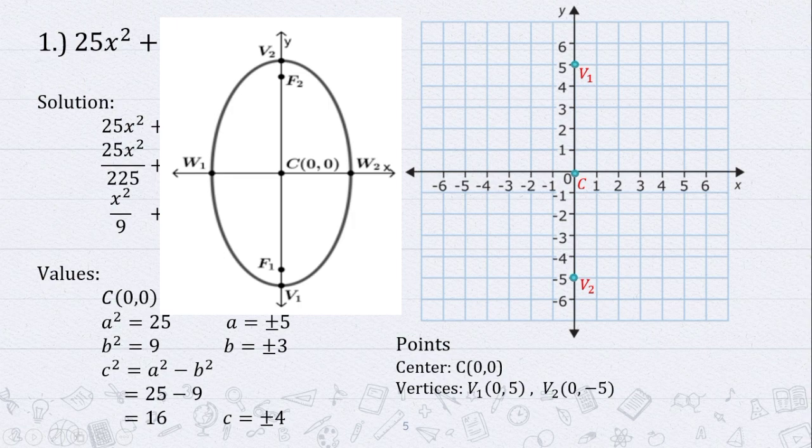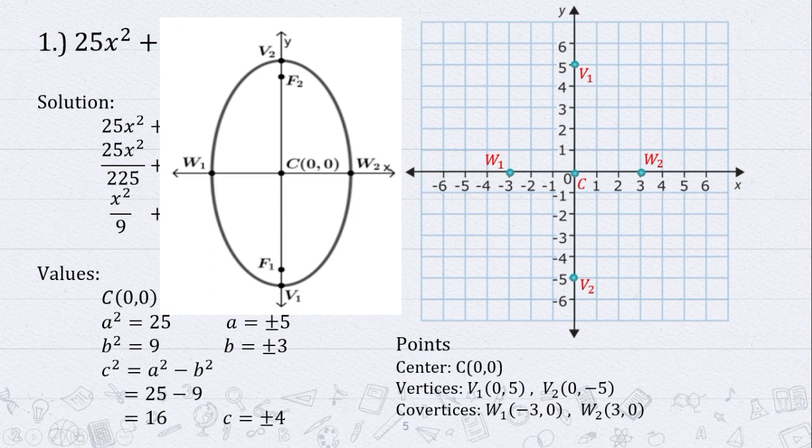It doesn't really matter which one is our vertex 1 and vertex 2. Next is our B. B is the distance from the center going to the co-vertices. So from 0, we have to count 3 units to the right and to the left. That points are -3, 0 and 3, 0.